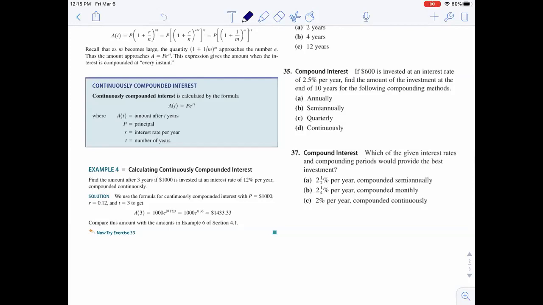And so what you can do is you can just say, well, what if for each of these scenarios to compare them, what if I just say, oh, I'm going to invest $100 in each of these scenarios? And maybe let's just look at how much am I going to have after a year.